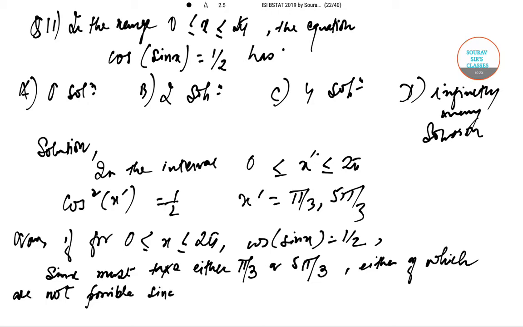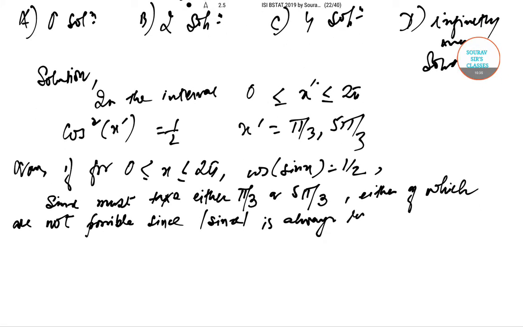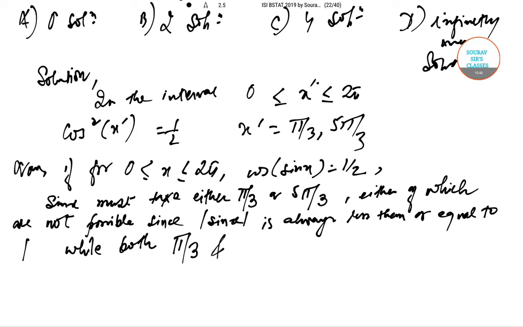since sin x is always less than or equal to 1, while both pi by 3 and 5 pi by 3 are greater than 1.